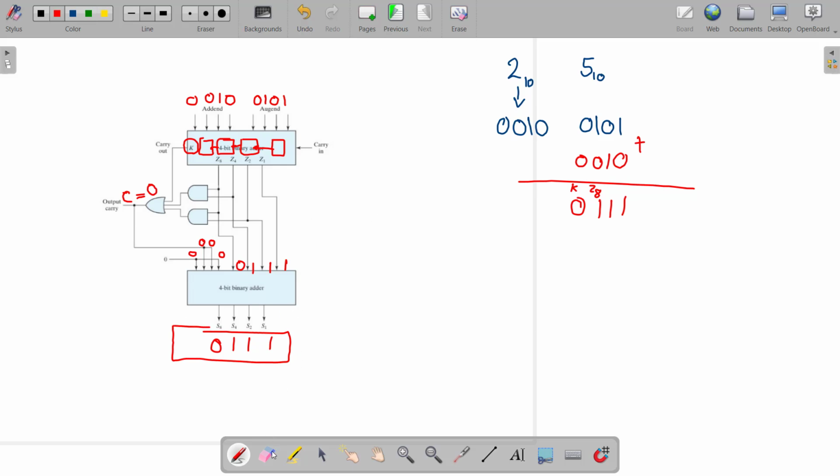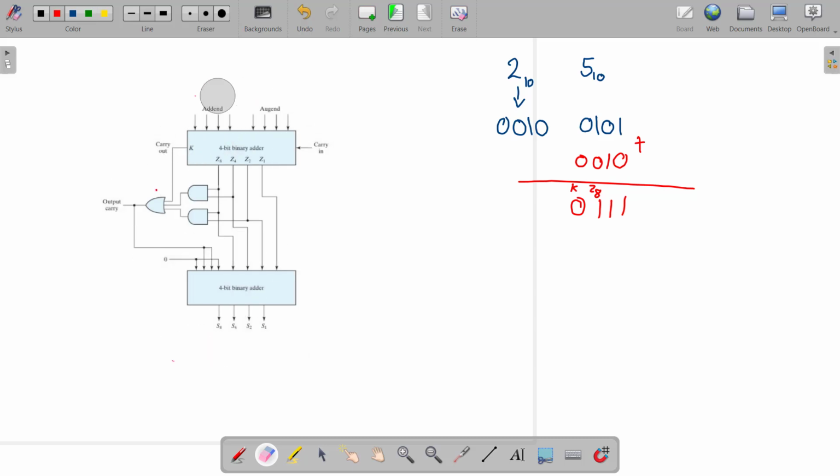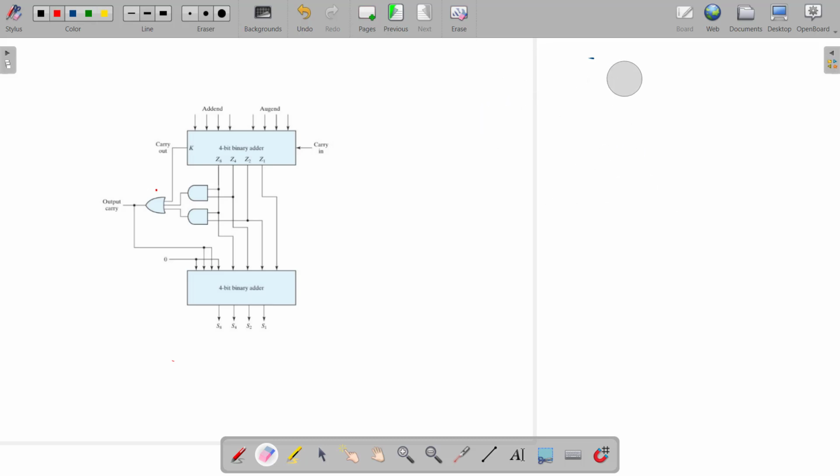Similarly, for another example, suppose that we have, for example, I don't know, 7 and 5. Okay, so the BCD of 7 is 0, 1, 1, 1 and of 5 is 0, 1, 0, 1.